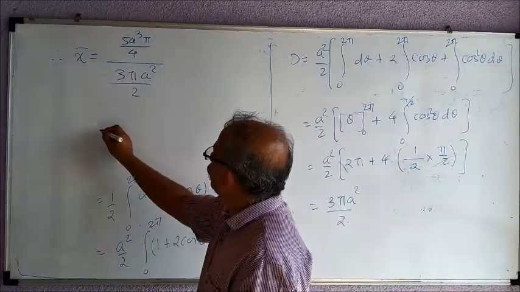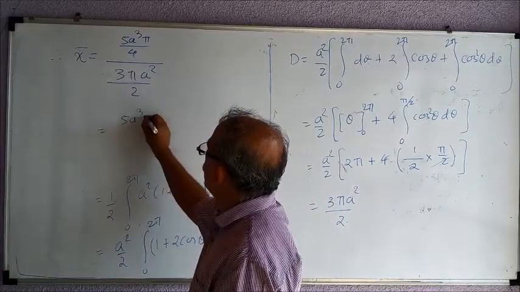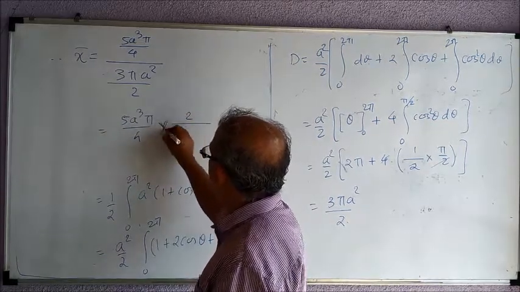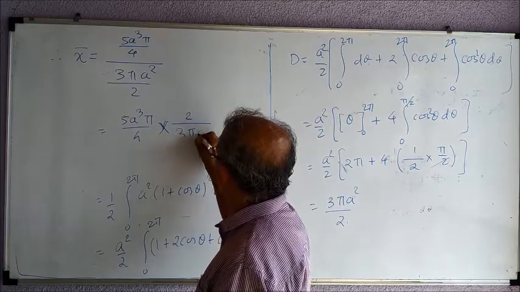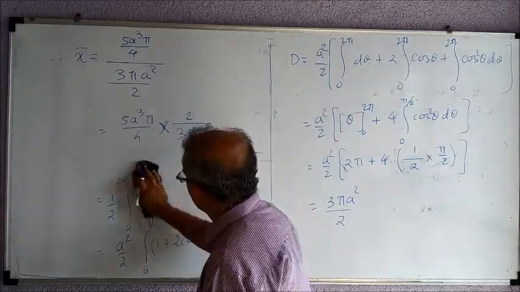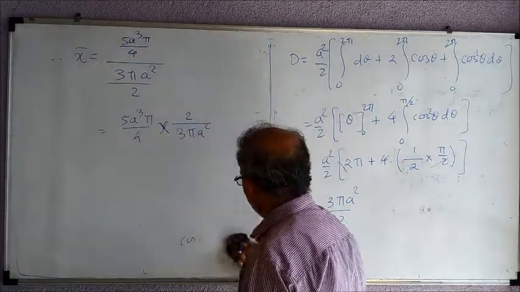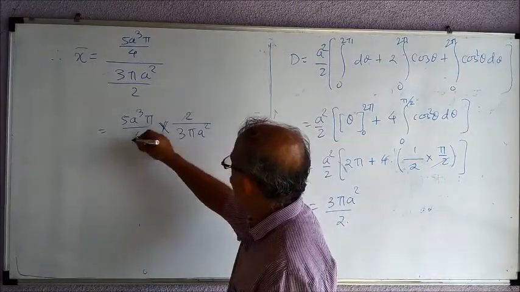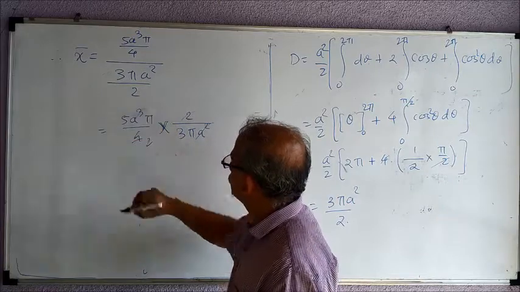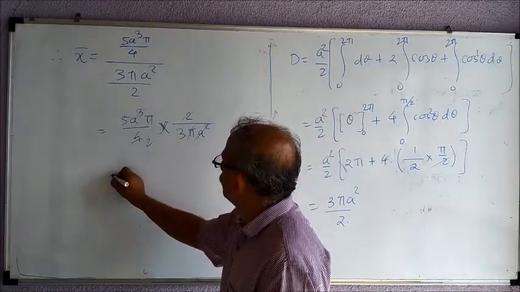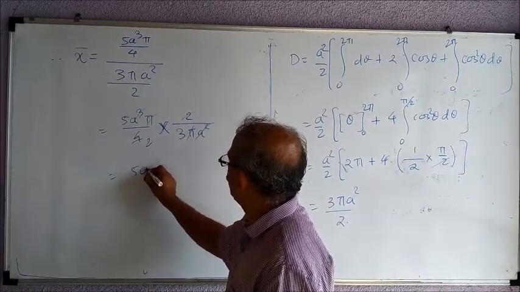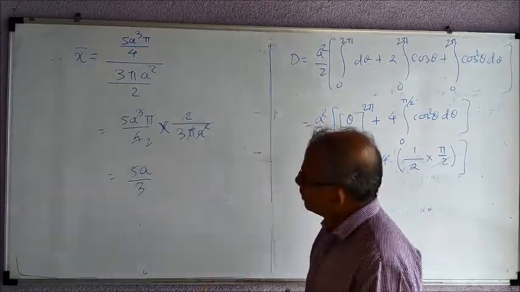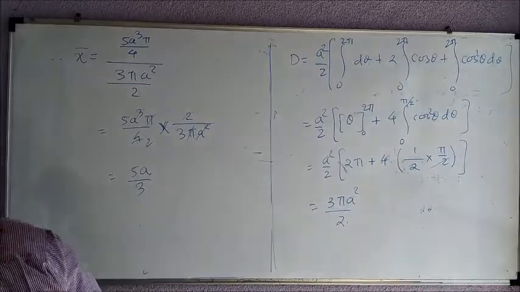So it is equal to 5 a cube pi by 4 into 2 by 3 pi a square. After cancellation, the a square gets cancelled, pi gets cancelled, so it is 5a by 3.